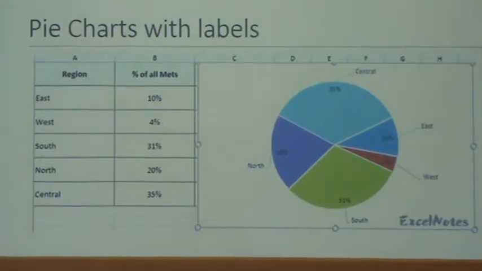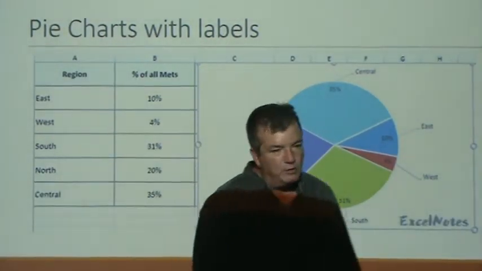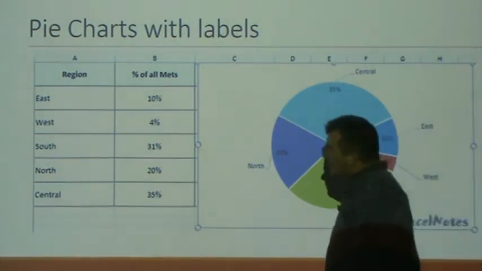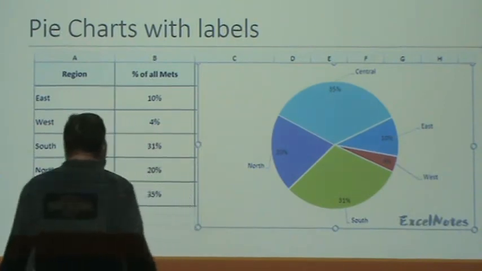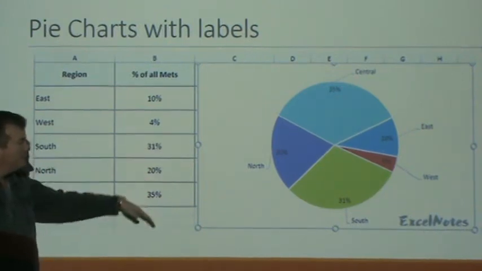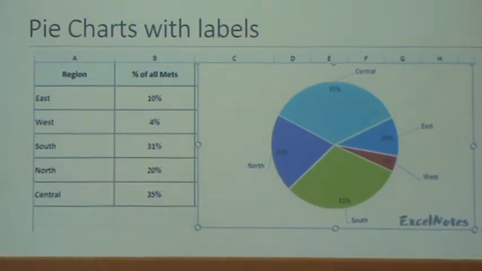Okay, now the other thing you can do is take rows and columns of data and make pie charts out of them. So for example, we could have regions like north, south, east, west, central, and we can have a percentage of something, anything we want, really, sales or anything like that.